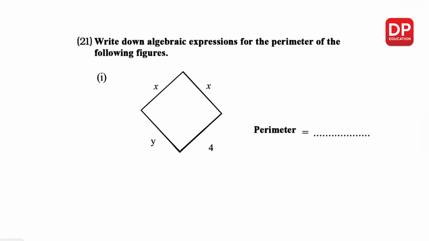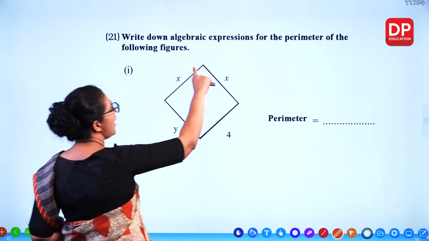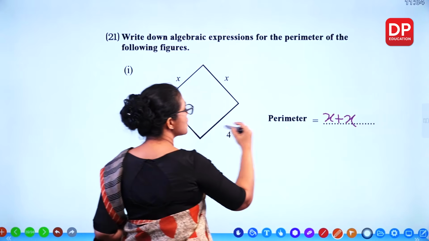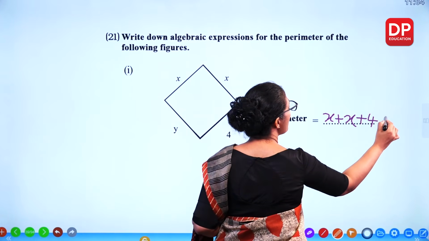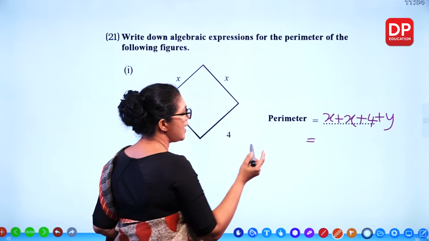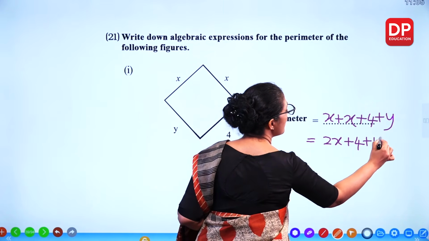Look at this one. Write down algebraic expressions for the perimeter of the following figures. So how can we write down the perimeter? Outer length. X plus x plus 4 plus y. Now you can add like terms. X and x you can write 2x plus 4 plus y.